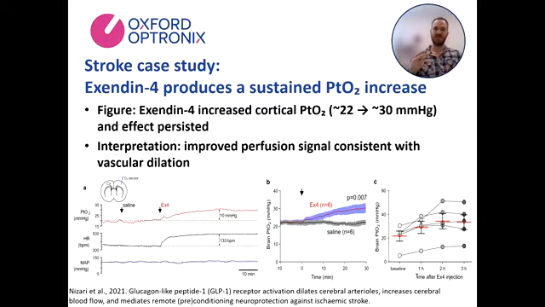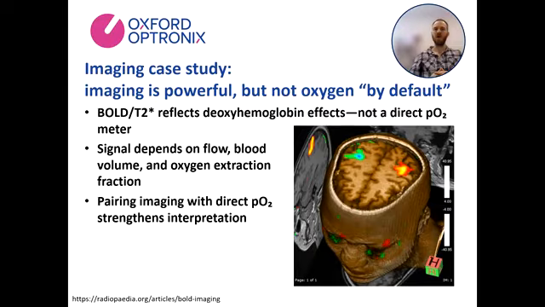Now, let's connect back to imaging, because a lot of imaging is oxygen sensitive, but still indirect. When researchers say oxygen in imaging, what they often mean is an oxygen sensitive signal, and that's not exactly the same thing as tissue pO₂.